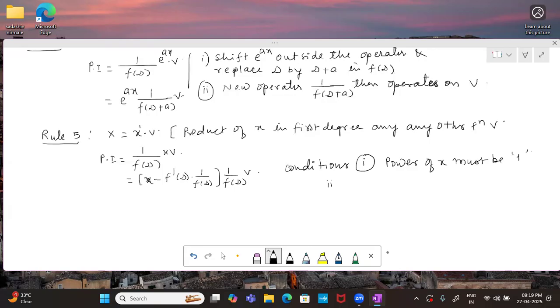And second, the multiple outside the bracket, 1 upon f of D, should not be a failure case. So first we have to check the two conditions, then apply this one. So these are the only 5 rules in the shortcut method.